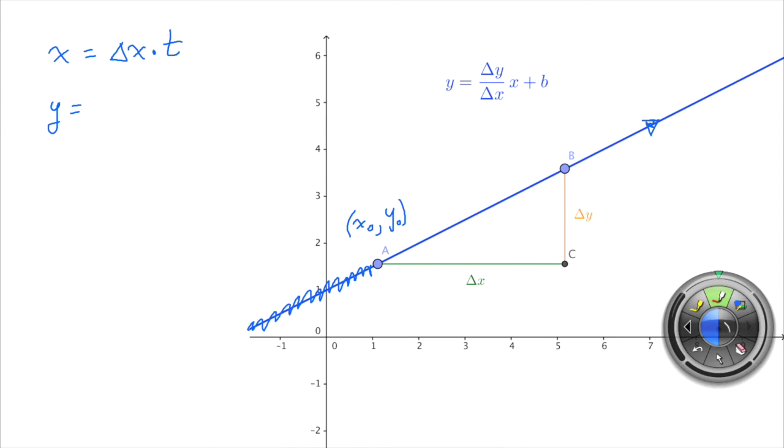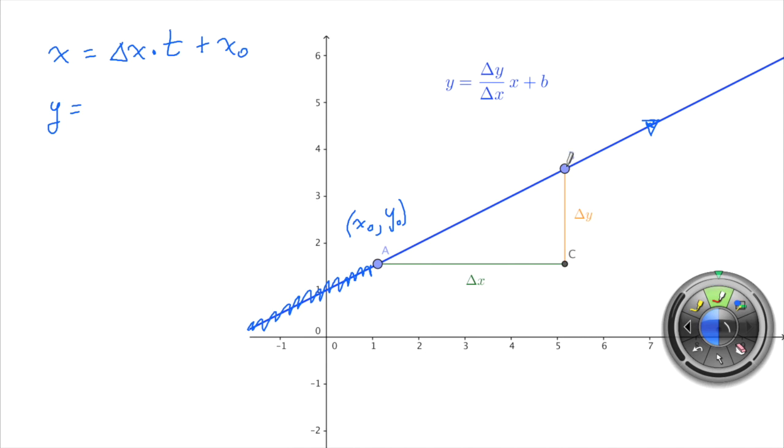So our orientation would be rising along this curve left to right. We would say that it would be delta x t plus x sub 0, so that when t is equal to 0, it wipes this term out, and all you are at is the beginning point x sub 0. The same thing's going to happen for the y coordinate.